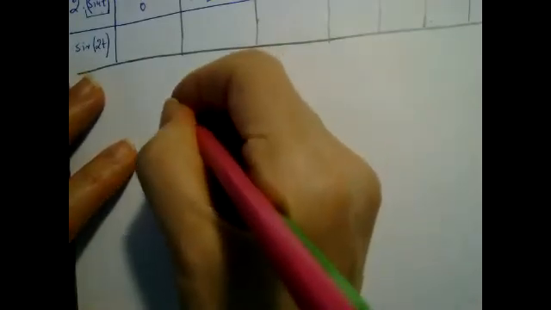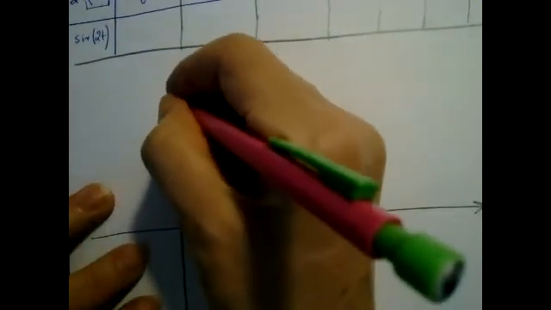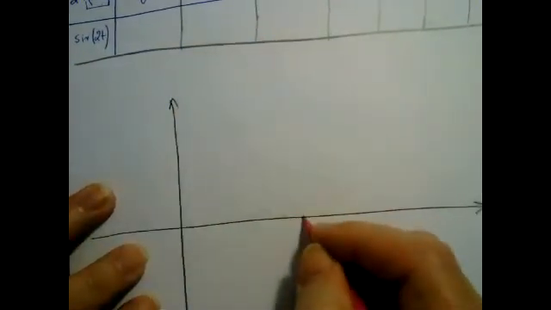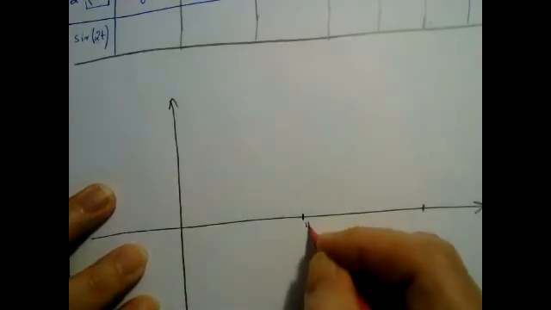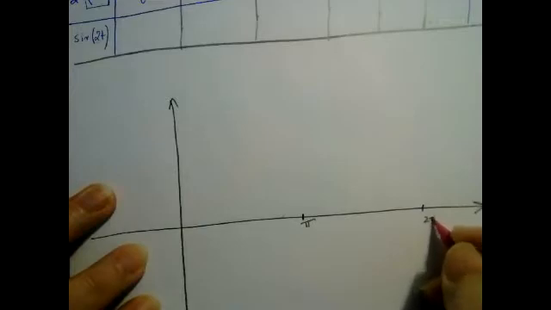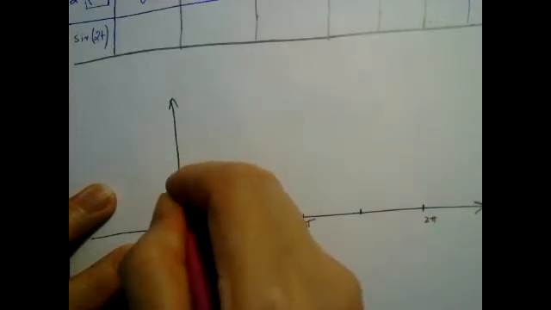The effect graphically would be the following. The sine, we should know it by heart. That's pi, 2 pi, pi over 2, 3 pi over 2, and that's my 1.